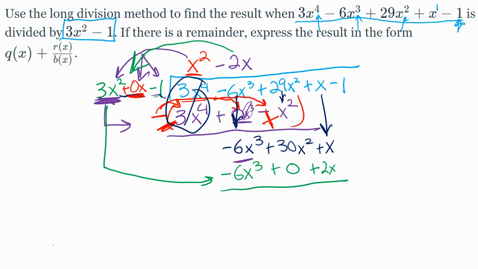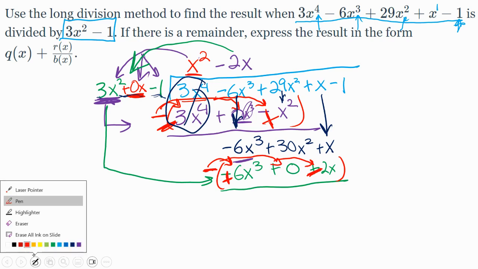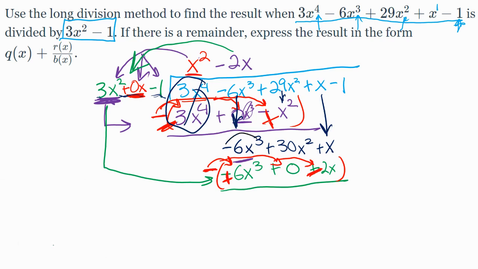And as the algorithm calls for, we need to distribute a negative here to subtract that quantity, which will get me a positive 6x to the third, 0, still 0, and then negative 2x. So the first term should cancel, which it does. Second term, we bring down our 30x squared, and then we have a negative 2 positive x, which gives us a negative x, and bring down your negative 1.